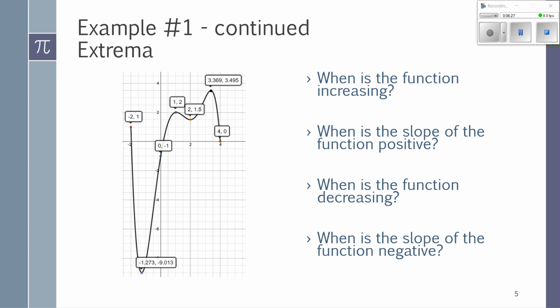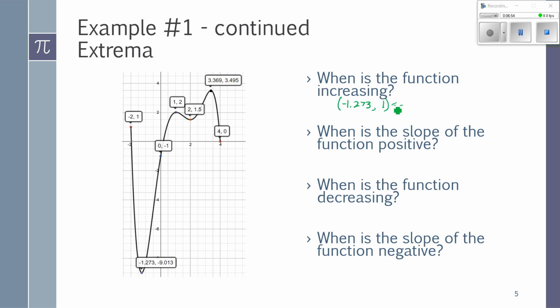Let's look at when my function is increasing and decreasing. When is referring to an interval. So when my function is increasing, it's from my absolute minimum, where my absolute minimum is, up to where my relative maximum at 1, 2 is. So this is from negative 1.273 to 1. This is the interval.